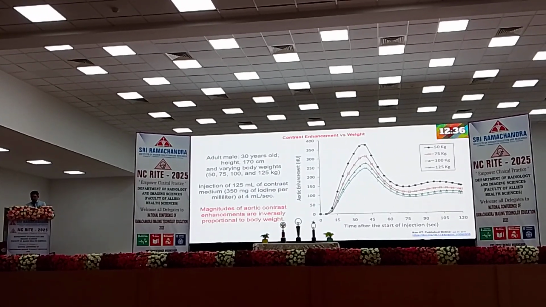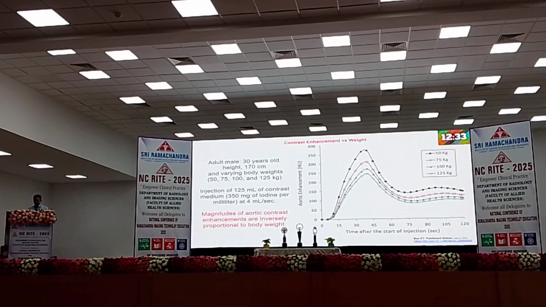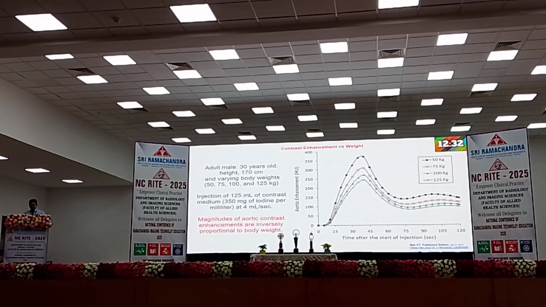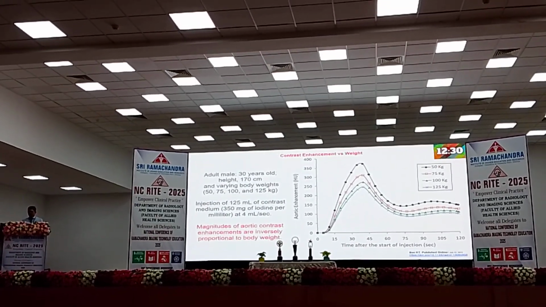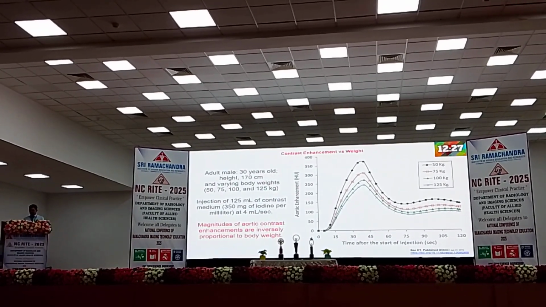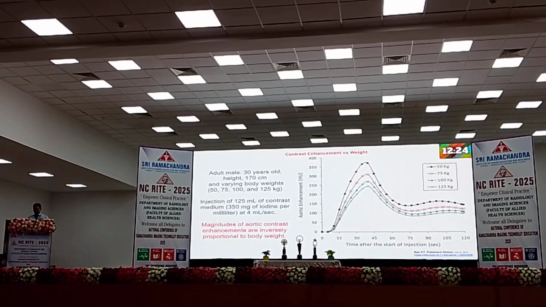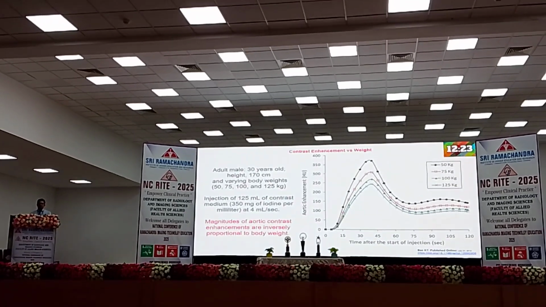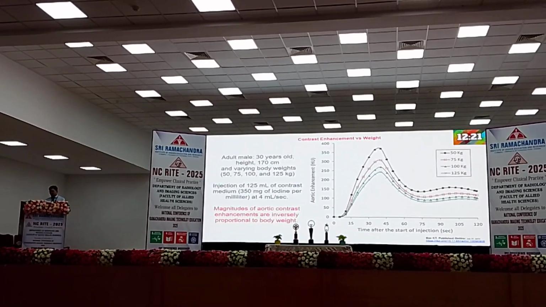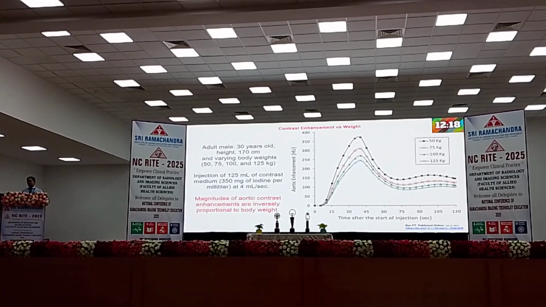See this, for the 125 kilo patient, the maximum HU you find is around 200 to 250. Where you see the red graph, it is nearly 300 HU. And the black one, the 50 kilo patient, the highest enhancement was between 350 and 400 Hounsfield unit.